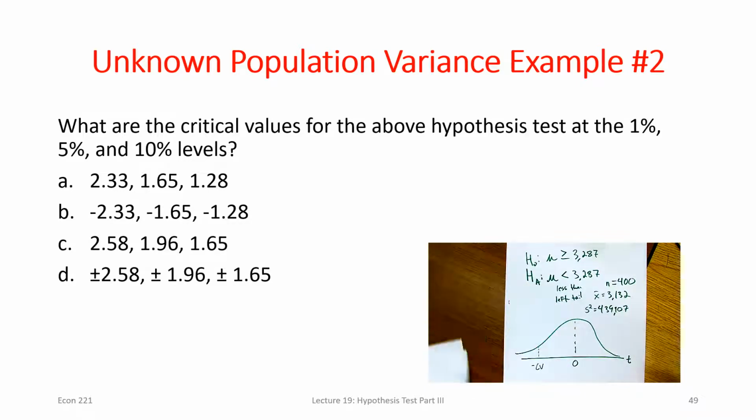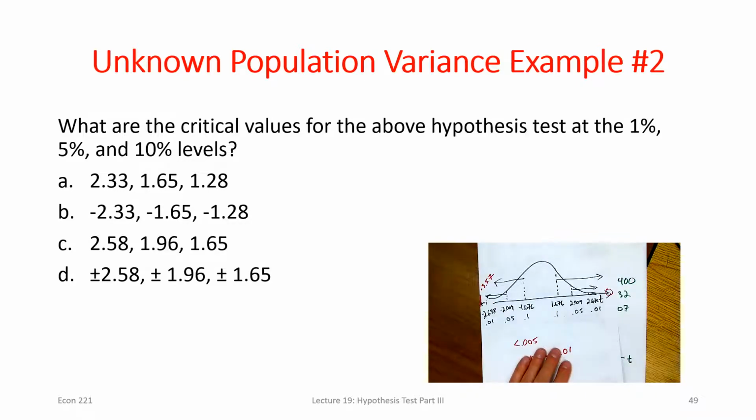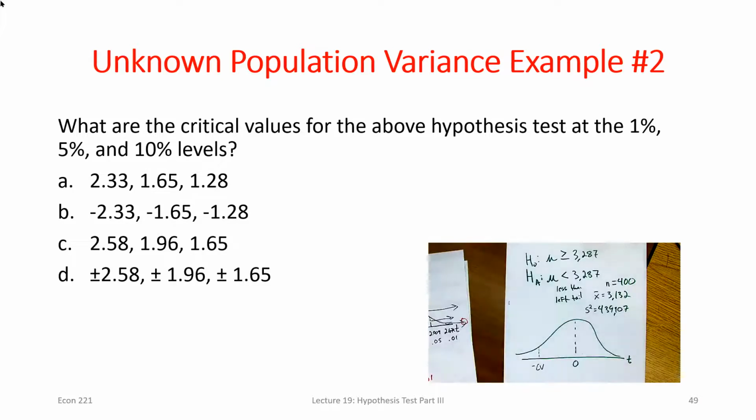Right-tailed test, critical values have to be positive. And then the two-tailed test, we said we have pairs, one on either side. So right away, I know this is the right answer, because critical values have to be negative. Now, how would I find those? Well, this one's a little bit tricky.